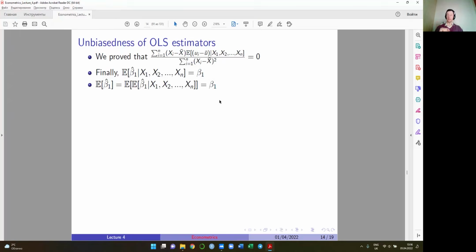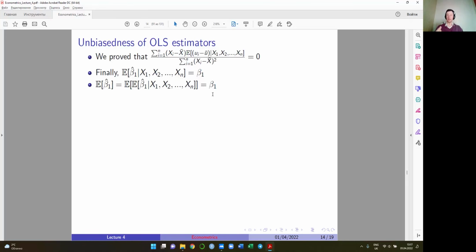The same story here. If assumption 1 holds, then we can prove that beta 1 hat is an unbiased estimator of beta 1. What does this mean, unbiased estimator? It means that this random variable has beta 1 as its expectation. And this is the crucial characteristic of an estimator.